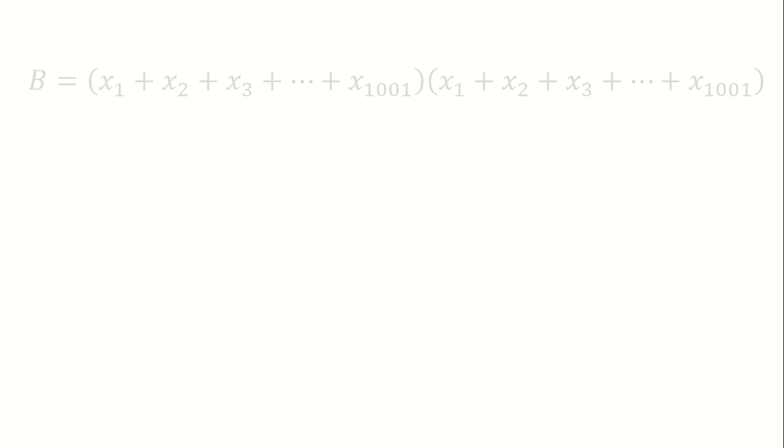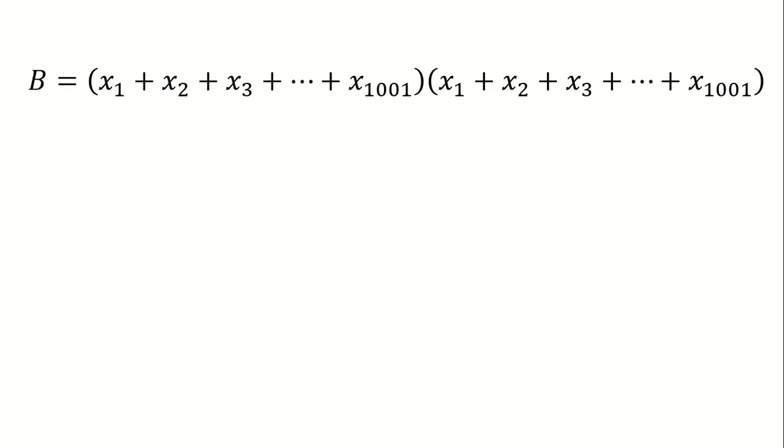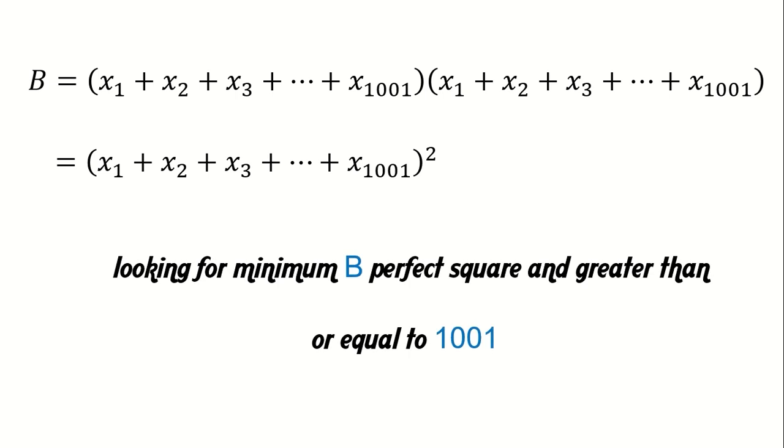We know that b is a perfect square because b is the result of the expression multiplied by itself. So we are looking for b as a perfect square that is greater than or equal to 1001.